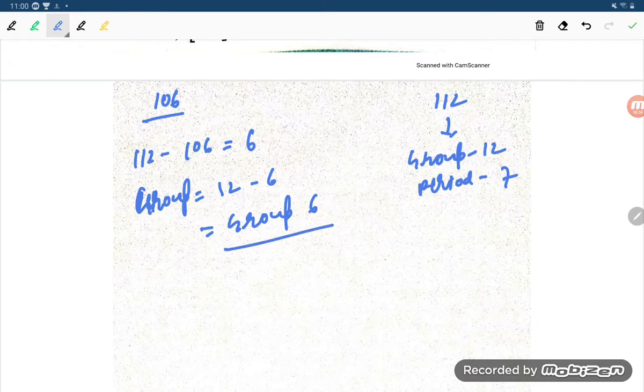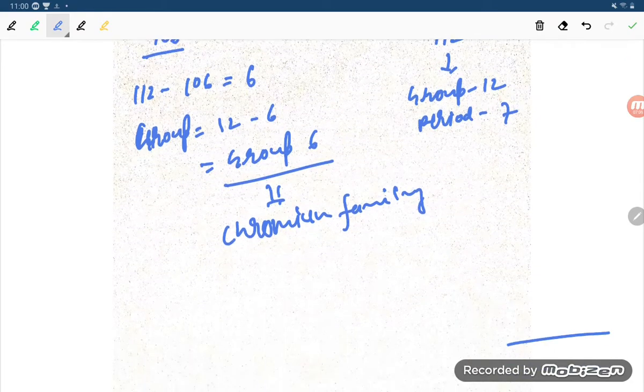Group number 6 means this belongs to which family, student? Chromium family. So if it belongs to the chromium family, what is the chromium configuration? Chromium configuration means 3d5 4s1.